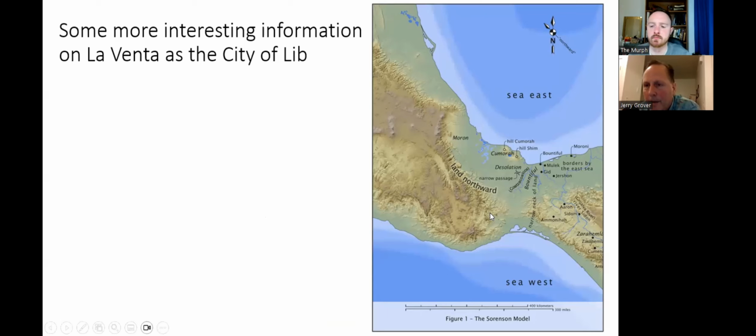Now let's kind of go. I thought a little side note here is we talked about La Venta. It looks like it's the city of Lib, and Sorensen has Mulek as the city of Lib. It's the later name the Nephites assigned to it, and it is a known Olmec site.